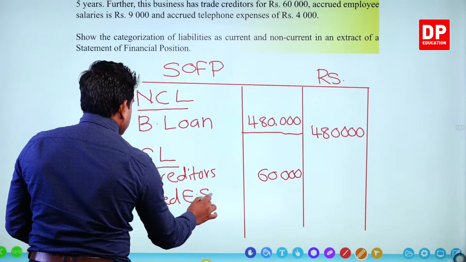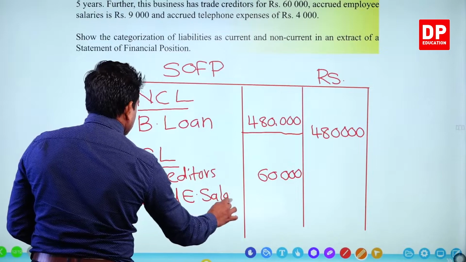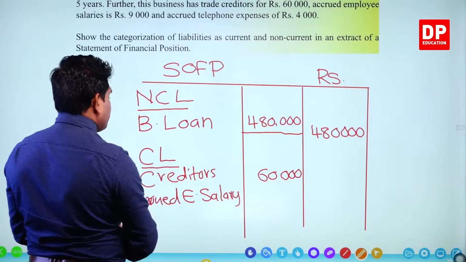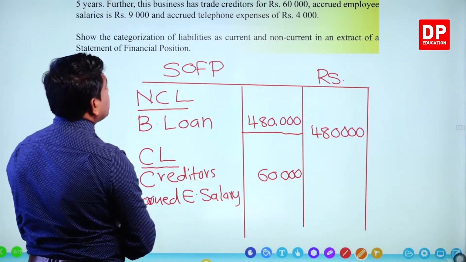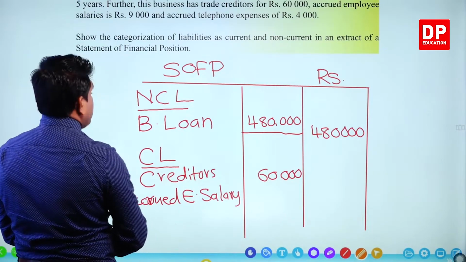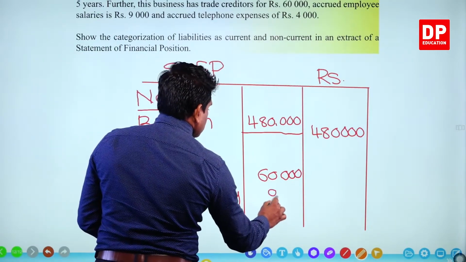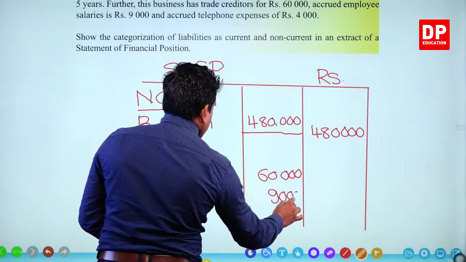Employee salary. E-salary means employee salary. I use short words here, right? How much? 9,000. Okay.